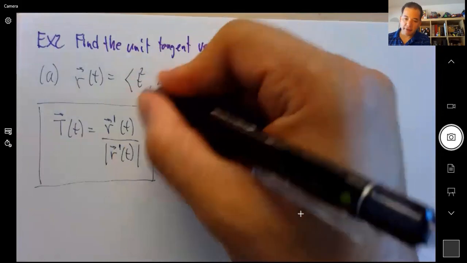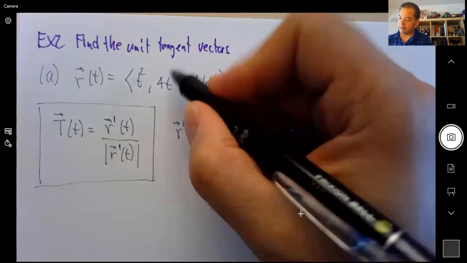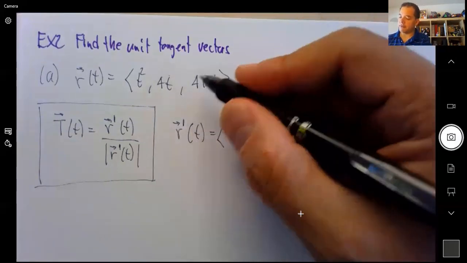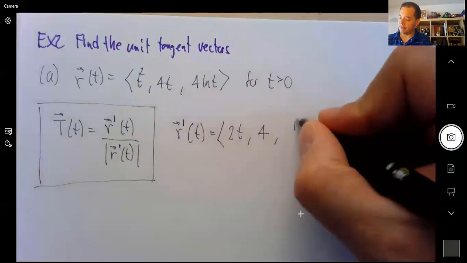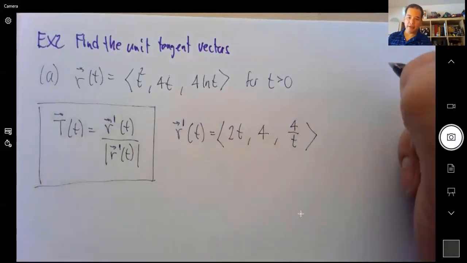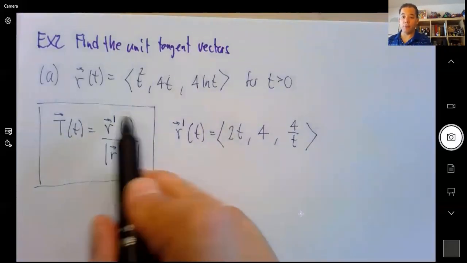What's the derivative of t squared? It's 2t. The derivative of 4t is 4. And the derivative of 4 ln t is 4 over t. Right? That's step number 1. So we already have this ingredient for our formula.